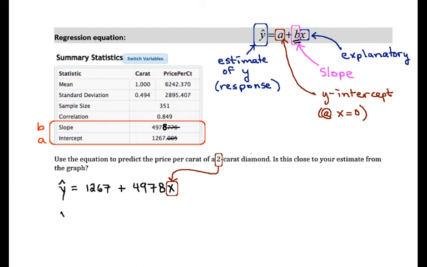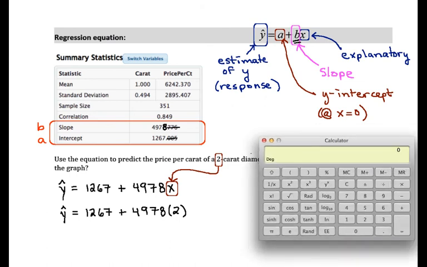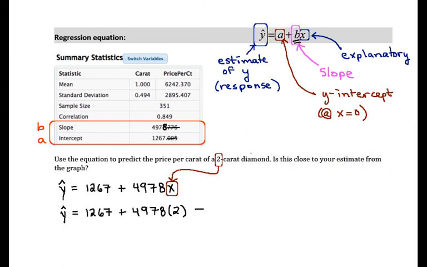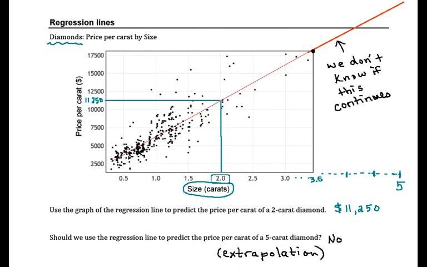So this becomes y hat equals 1267 plus 4978 times 2, which we can now bring a calculator in to help us with. 1267 plus 4978 times 2 gets us 11,223. If we look back at our estimate from the graph, we see that we had 11,250. So we were actually very close.